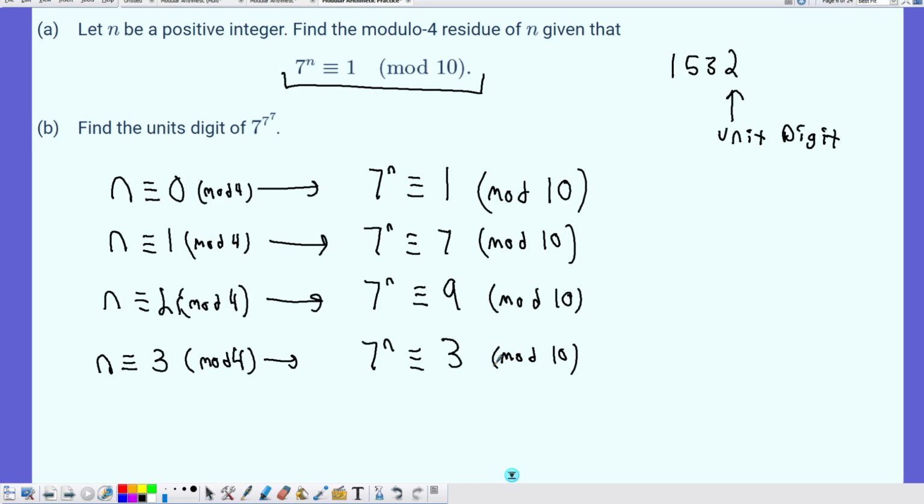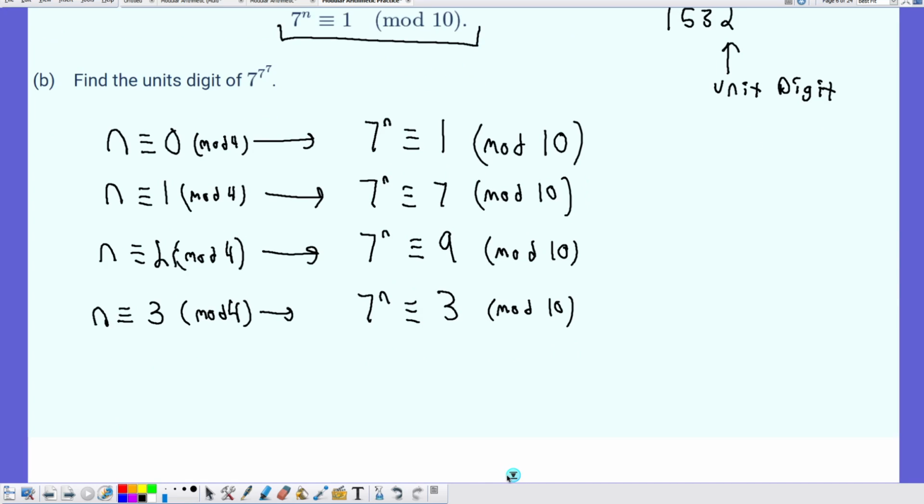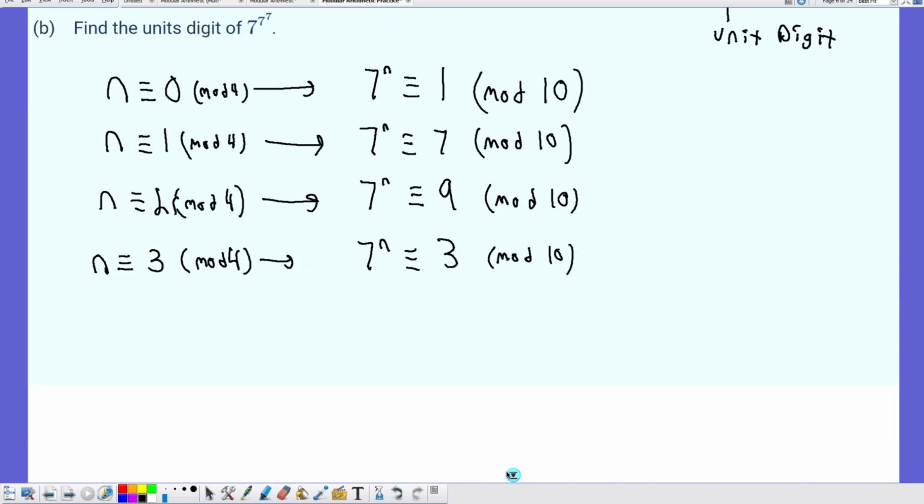Now, since we're in mod 4, the mod 4 would repeat itself, but how do I know that it's directly going to correspond with the powers of 7?